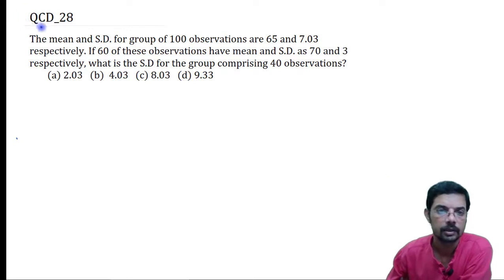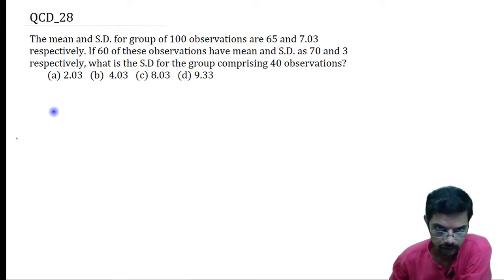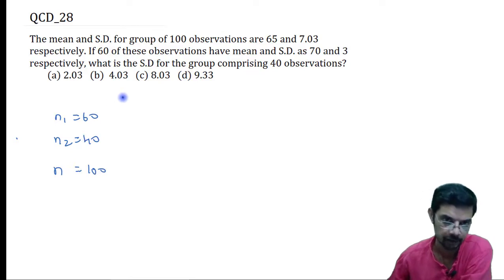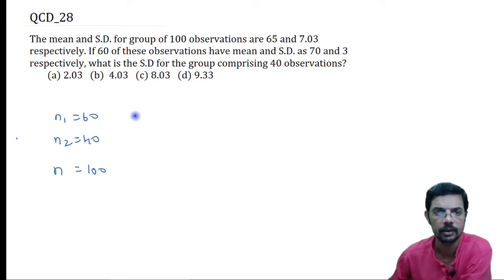Say n1 is equal to 60 and n2 is equal to 40, so the total number n, that is n1 plus n2, is equal to 100. Now, we have the combined mean given to you. We take x1 bar equal to 70 and x2 bar is unknown.